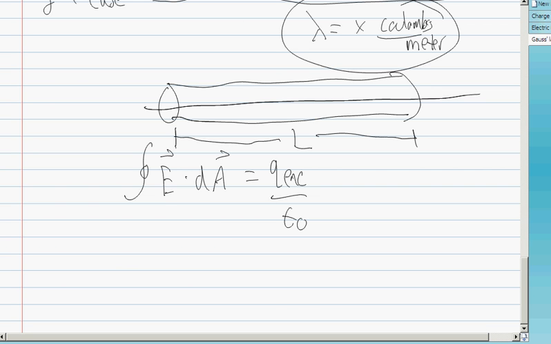So we're going to have E dot dA equals Q enclosed over epsilon naught, which again, E times A, sorry, is going to equal Q enclosed over epsilon naught.